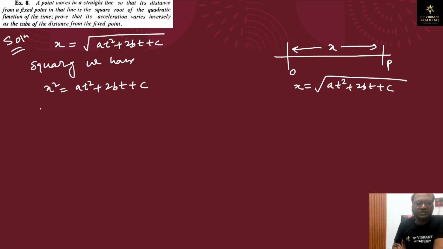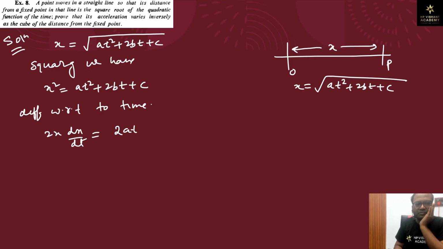Let us differentiate this with respect to time. So differentiating with respect to time, 2x into dx upon dt is equal to 2at plus 2b.